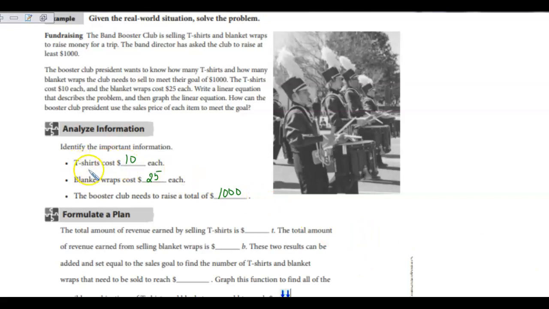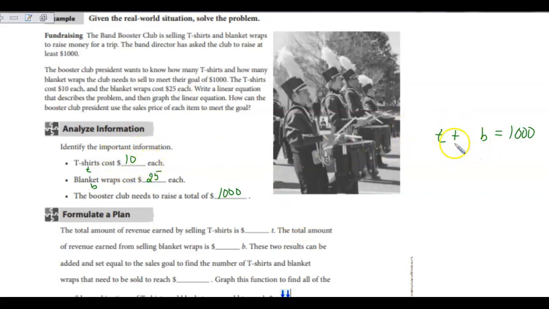And if we use T for t-shirts, and B for blanket wraps, then we can come up with this. So we know they're going to sell t-shirts, and they're going to sell blanket wraps, and they want to raise $1,000, right? We know that each t-shirt costs $10 each.